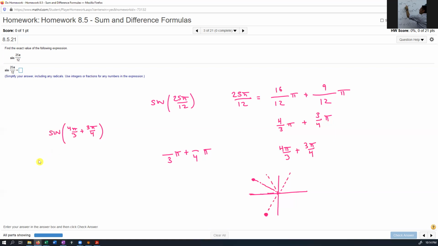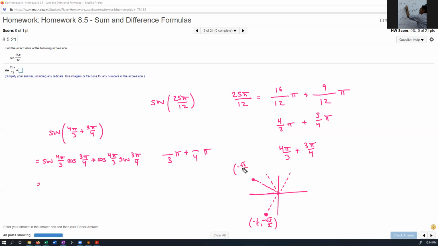So this is going to be sine of alpha cosine of beta plus cosine of alpha sine of beta. Okay, so let's do these.